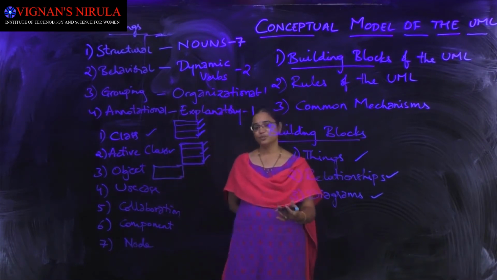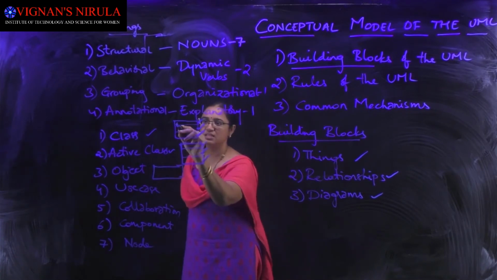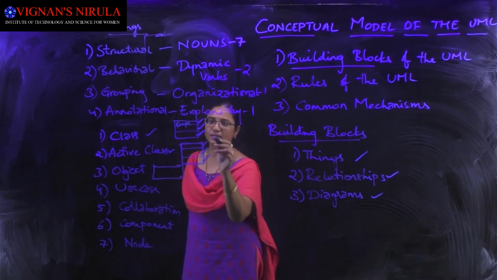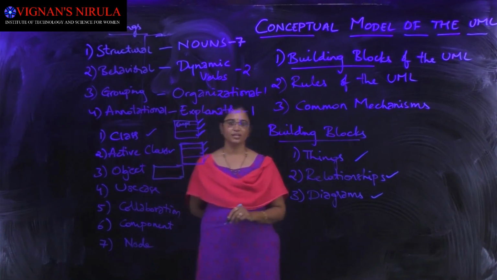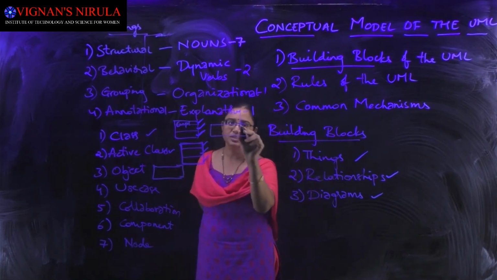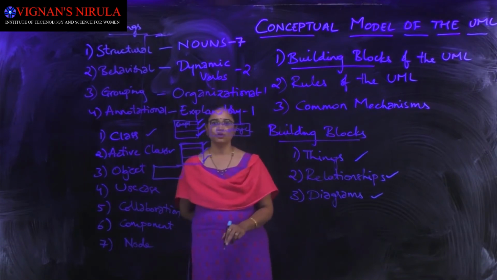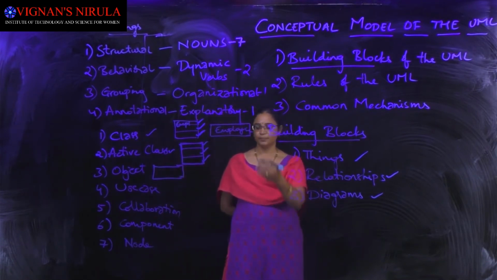So what is the difference between class icon and object? Class icon means, if you consider this class name as employee, and the class does not have any attributes and operations, then it can be represented just by a class icon like this, employee.